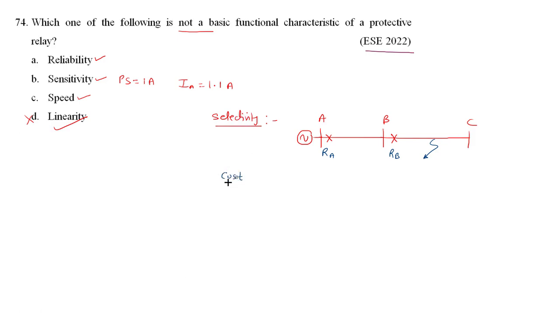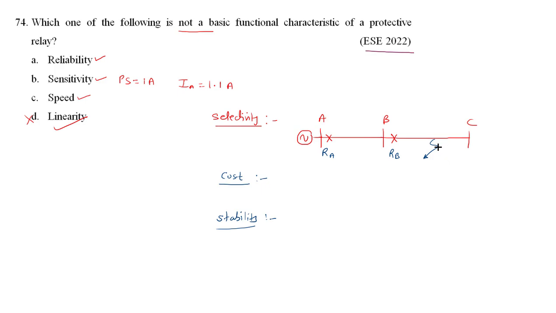Another desired characteristic is cost. Of course, the cost of the protection system should be less. So these are the various desired characteristics: reliability, sensitivity, speed, selectivity, cost. Sometimes stability is also included: the relay should be stable. What do we mean by stability?